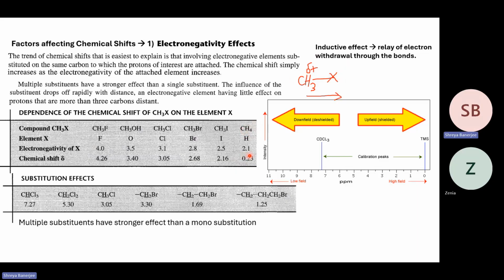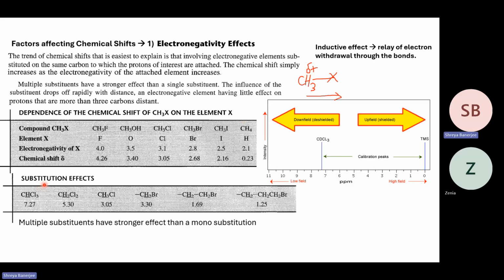So in that case, chemical shift is the lowest. It is closest to TMS because there is no electron density pull towards X, since X is also hydrogen and you are observing other hydrogens.